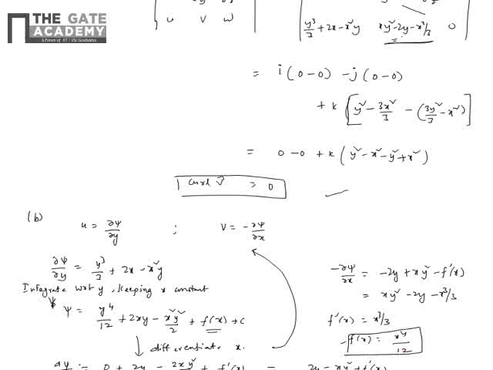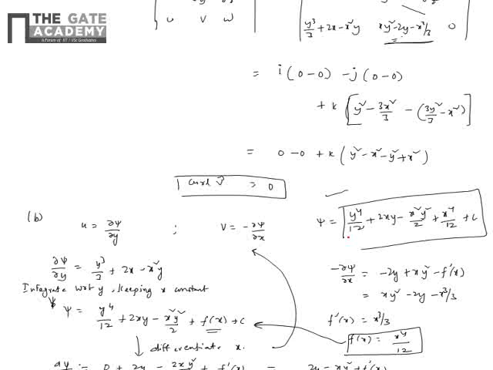So now if I substitute back f of x here, I get a general expression of psi, which is y power 4 by 12 plus 2xy minus x square y square by 2, plus f of x, which is x power 4 by 12, plus some constant. So this is the stream function: x power 4 by 12 plus y power 4 by 12 plus 2xy minus x square y square by 2.